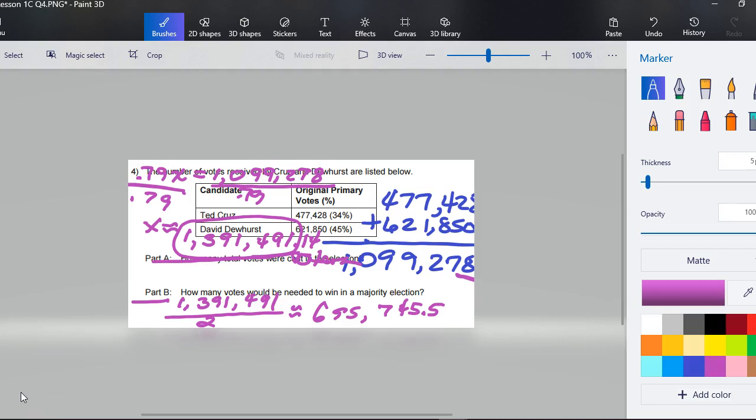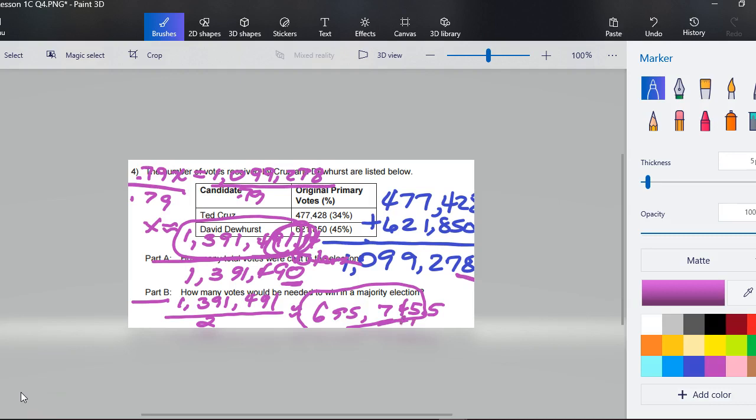And so a quick way to check this is if I add my 745 to itself, 695,745, I come up with a number that is not where I started. I come up with 1,391,490. So it cannot be that half, or to win would be 695,745.